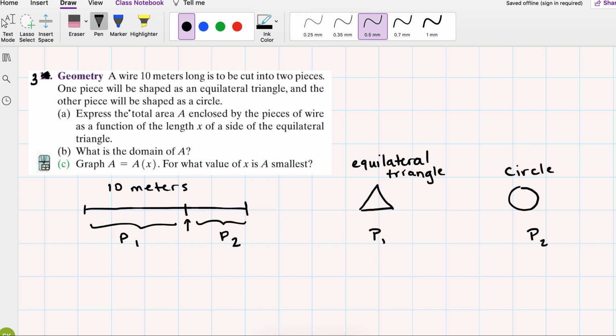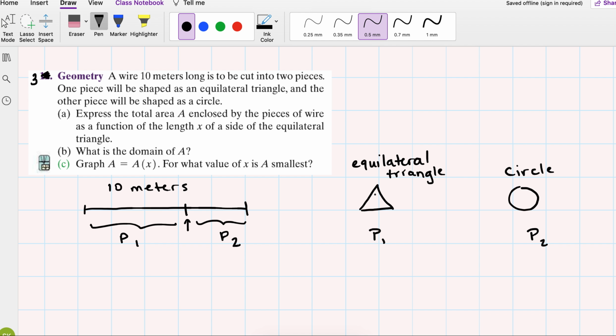We want to express the total area enclosed by the piece of wire as a function of the length of a side of the equilateral triangle. Okay, so how do we find the area? So the total area enclosed by this wire, well, the whole wire, right? So it's enclosed by this equilateral triangle and the circle.